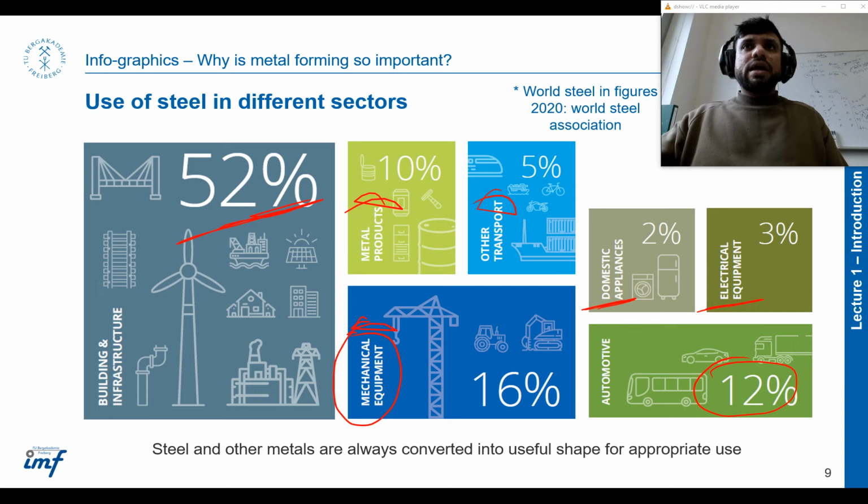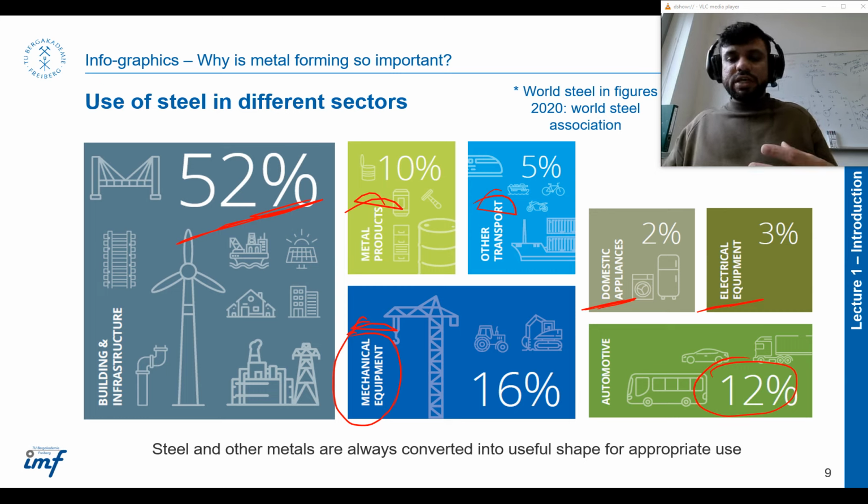I would like to ask you, you can write in the chat, how you think the steel is mostly used. In what form? In the form of a sheet, in the form of a wire, or any other form you can think of. How is the steel used in the basic form, which can then be molded into different shapes to manufacture these products?